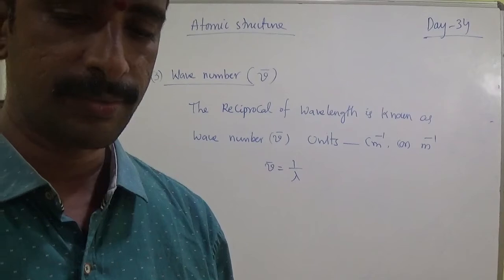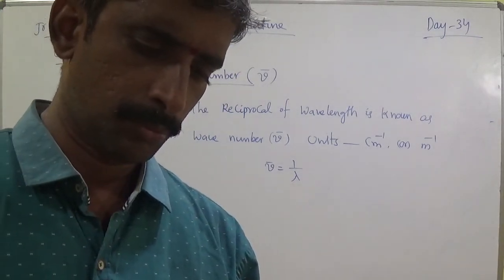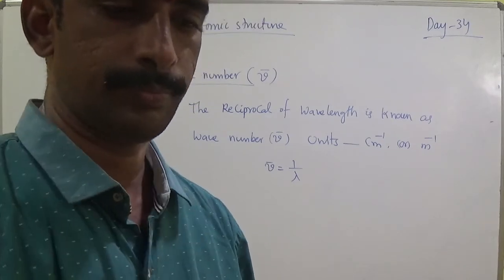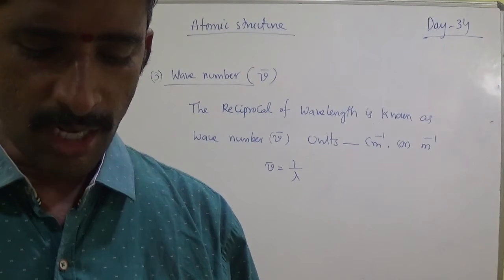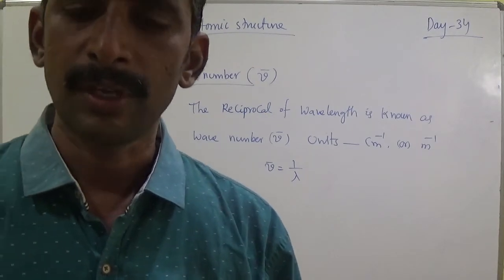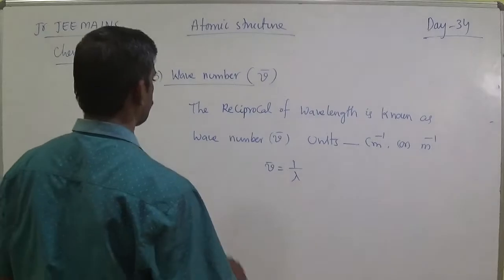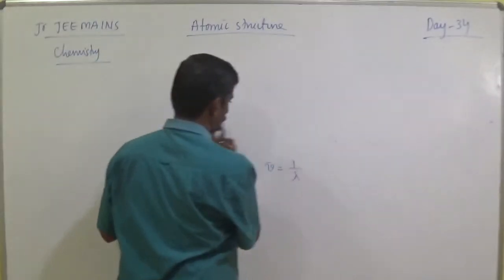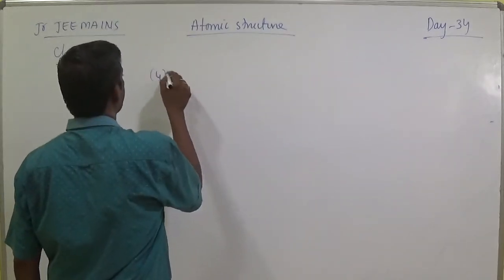And the last one, the fourth one, is velocity of light. What do we mean by velocity of light?